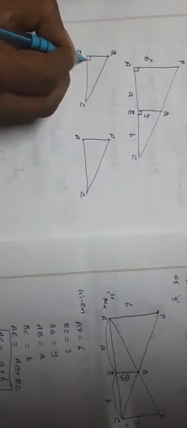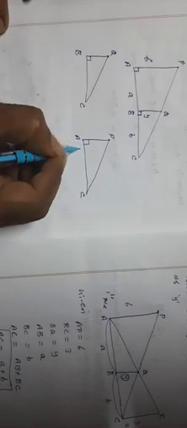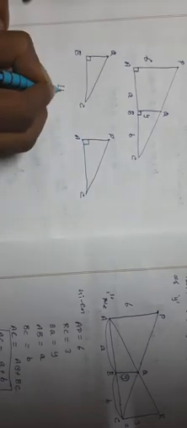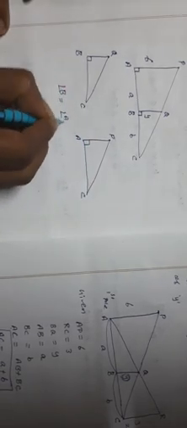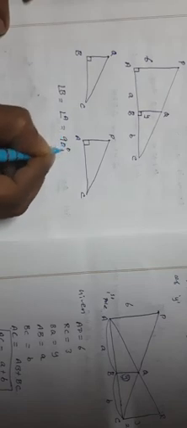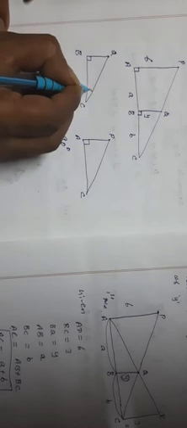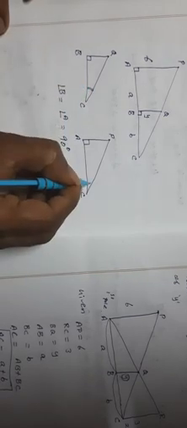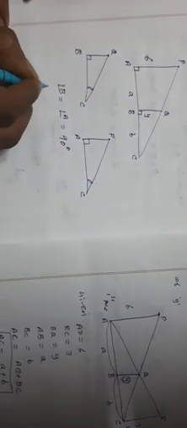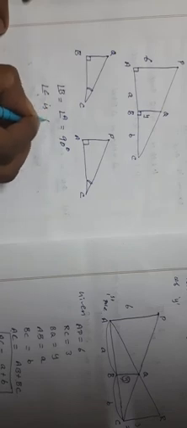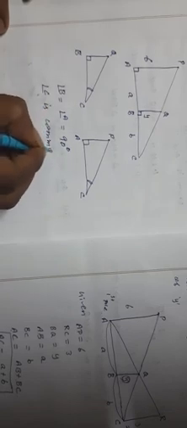Here B is 90 degrees and A is also 90 degrees, so angle B is equal to angle A is equal to 90 degrees. And in these two triangles, angle C is common. So we get angle C is the common angle.